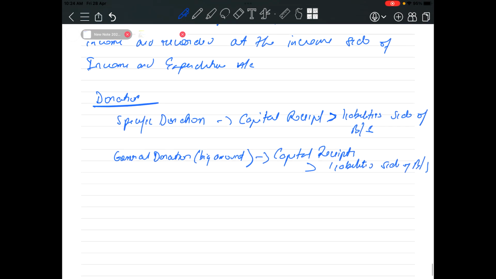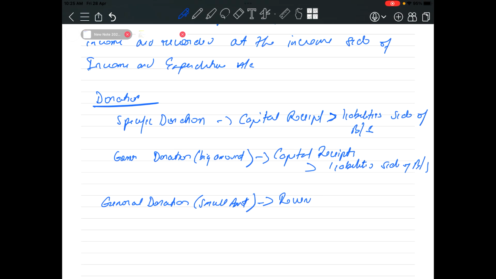Now another point: general donation of small amount. This is of revenue nature.